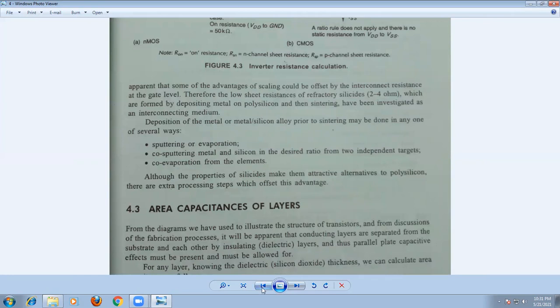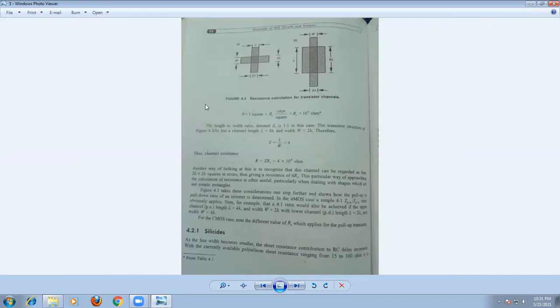We can calculate the resistance of the device like this once you know the table. Sometimes they ask you to find the on resistance of the inverter in 2 micrometer technology, or the resistance of the NMOS inverter in 1.2 micrometer technology. You can calculate the on resistance by the same method.